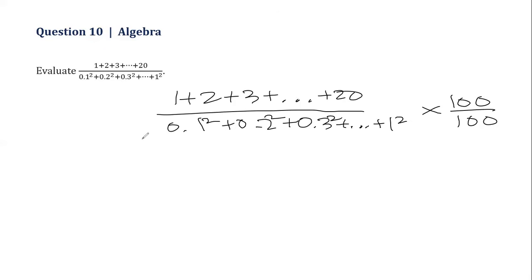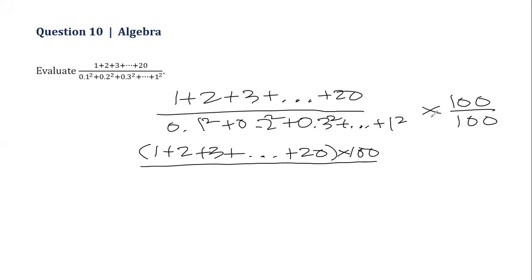So if we do this, we get 1 plus 2 plus 3 plus dot dot dot plus 20 times 100. So we can distribute 100 in each addend, and we will get 1 squared plus 2 squared plus 3 squared plus dot dot dot plus 10 squared.